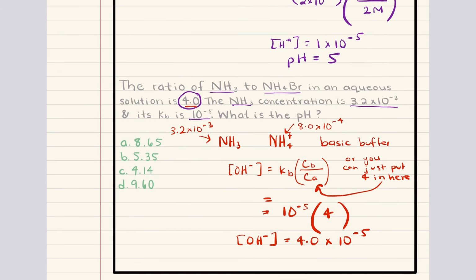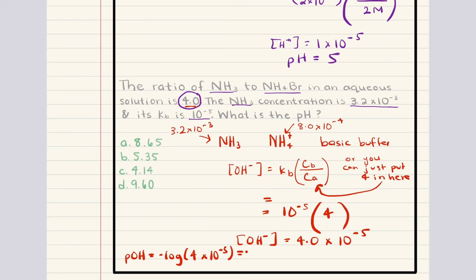Next, I convert to pOH. I take the negative base 10 log of 4.0 times 10 to the negative 5. So pOH equals minus log of 4.0 minus log of 10 to the negative 5. That is 5 minus the log of 4.0. The log of 4.0 is about 0.602.